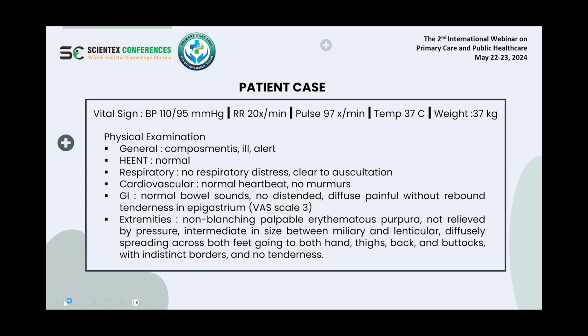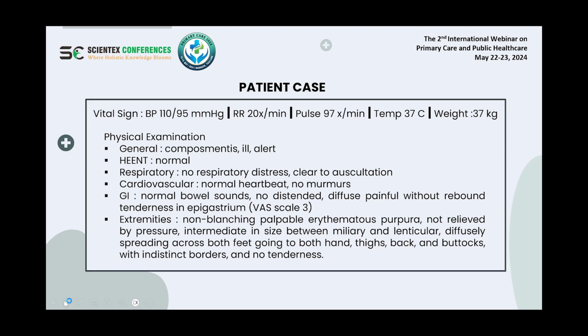The physical examination showed the general state of this patient was composmentis, sick but alert. The head, eye, ear, nose, and throat examination was normal. The head looked normocephalic; anemic conjunctiva, palpebral edema, stomatitis, bleeding gums, swelling, pain, or enlargement of tonsils or lymph nodes were denied and not found.